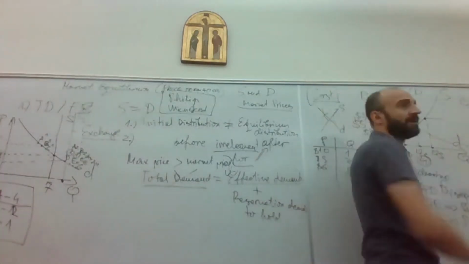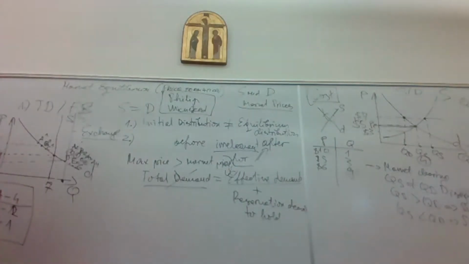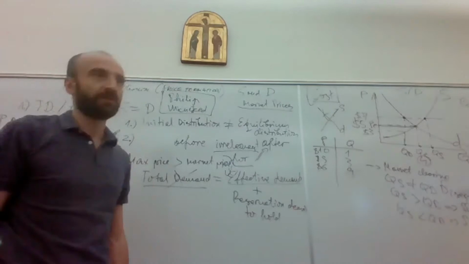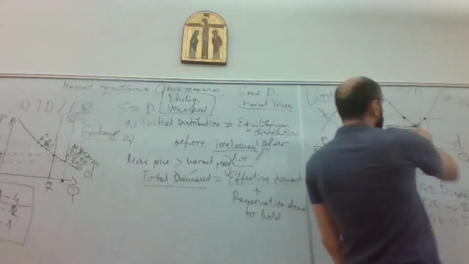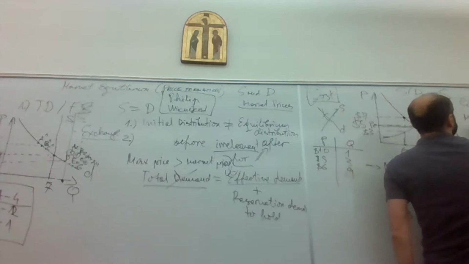Sellers, what about sellers? There are two ways to think about it. If we assume that the goods are already given, then what is relevant is your minimum selling price. That is dictated by your preference.